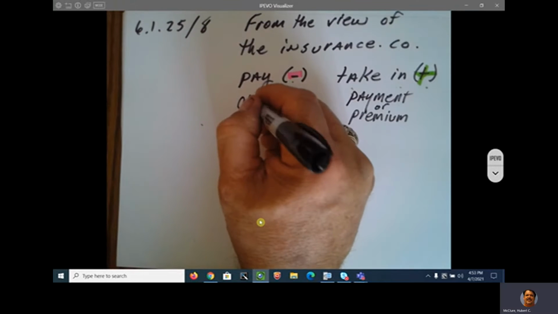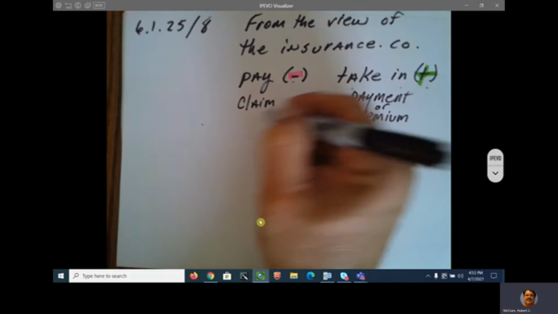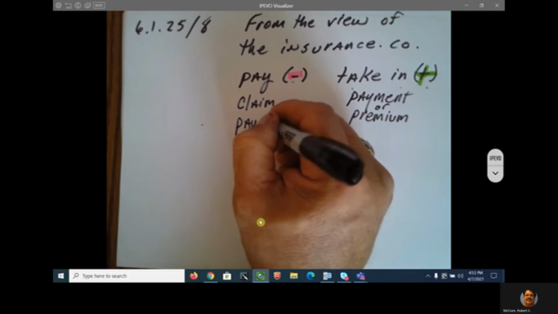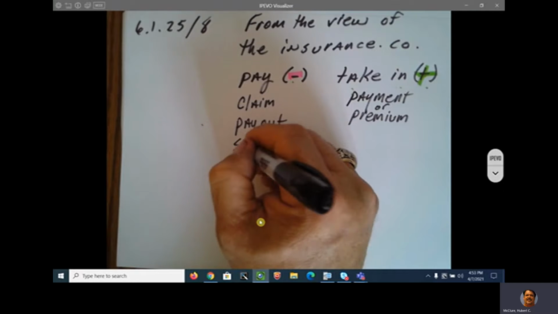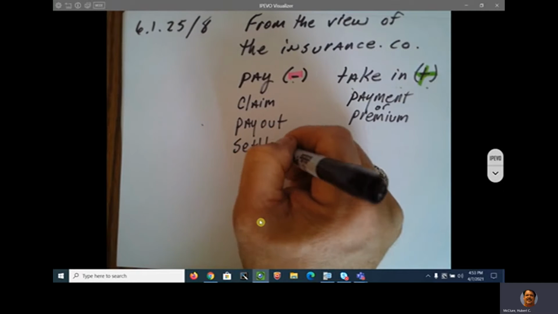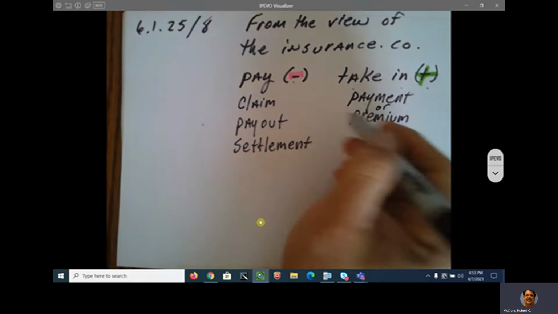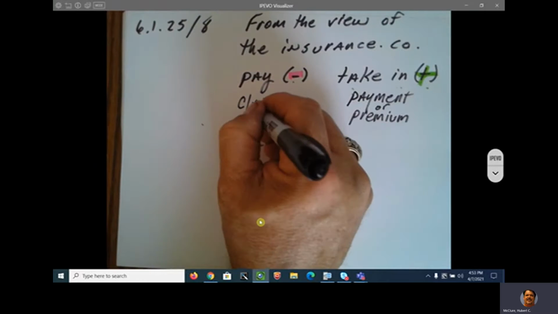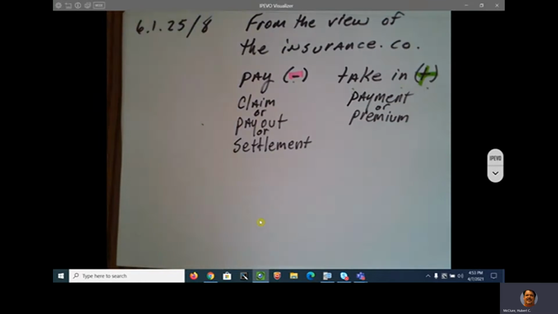A claim or a payout or a settlement, some of y'all know the word settlement, those words mean negative, just like a business. If you have to pay the refrigerator man to fix your coolers in your convenience store, that's a negative.